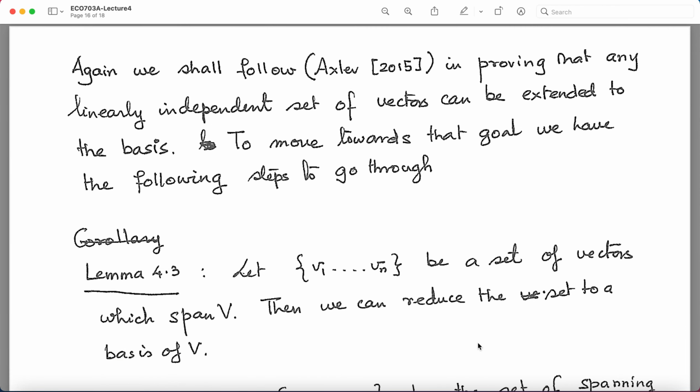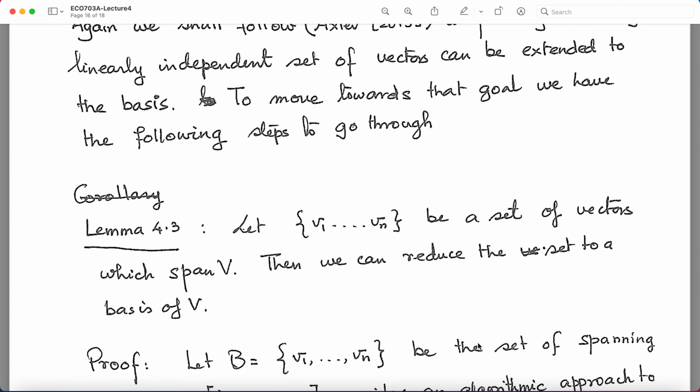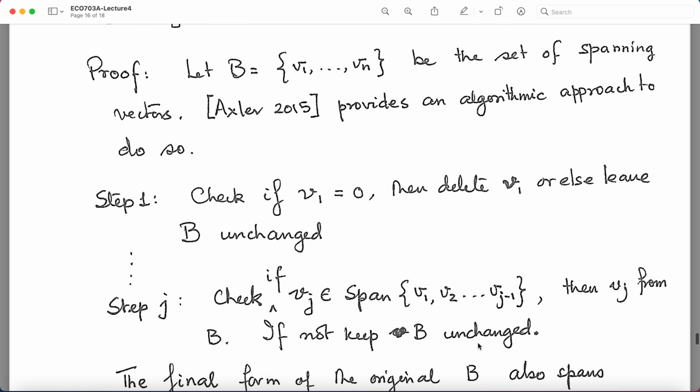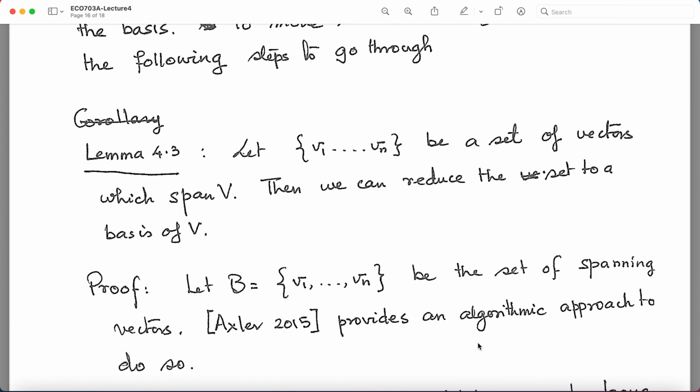Again, following Axler, we will move towards our goal in a few steps. So, let v1 to vn be a set of vectors which span V. So, I have a spanning set of the vector space V. I do not know whether it is n dimensional or not.